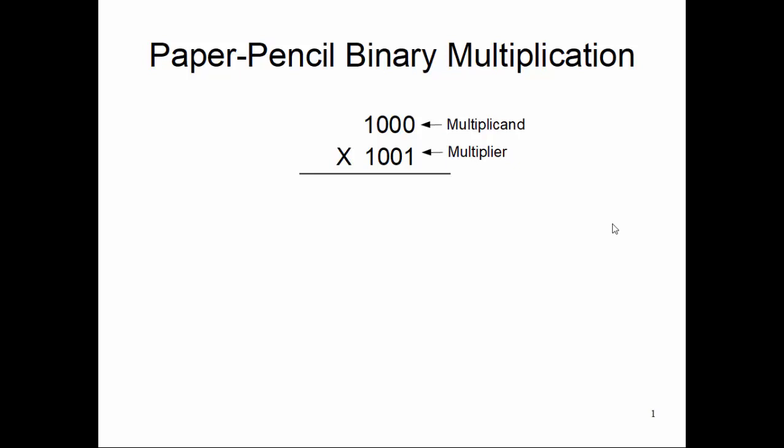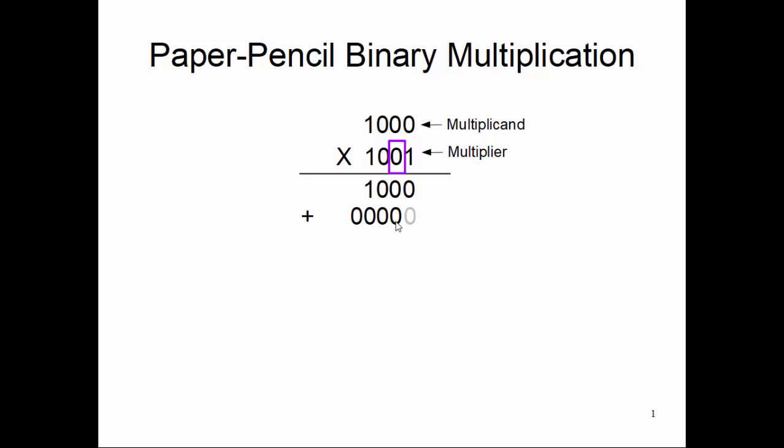Okay, so with that note, we'll start with the LSB of the multiplier. If I multiply that with the multiplicand, I get the same value, 1000. Then we go for the second bit, and 0 multiplied by the multiplicand is 4 bits of 0, but we write it down, 0000, by shifting 1 bit position towards the left.